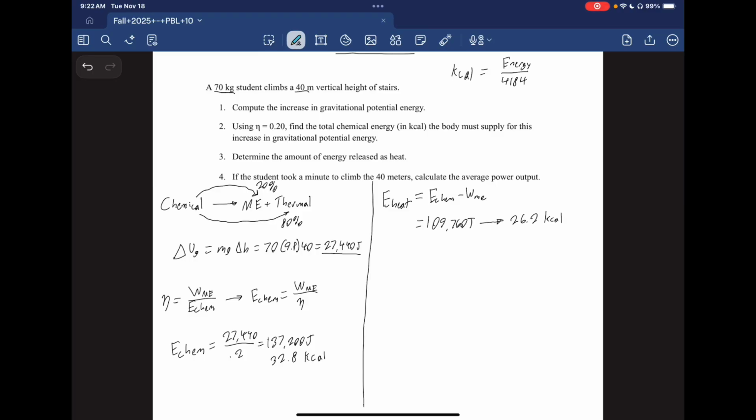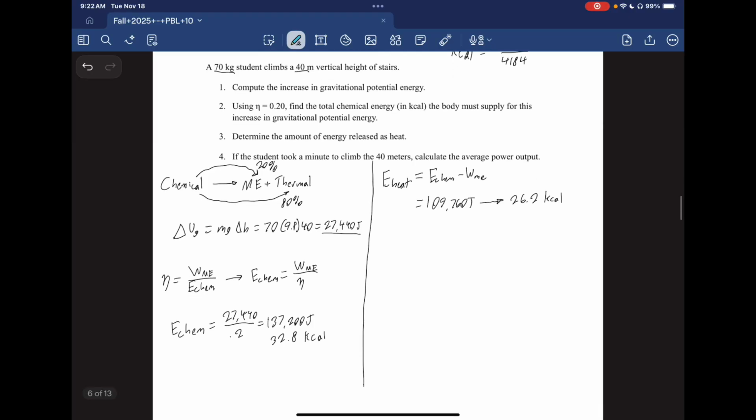And then the last question says if the student took a minute to climb the 40 meters, calculate the average power output. So we first have the average power output for the mechanical energy, which is going to equal the work from mechanical energy, work ME, divided by time, which is our 60 seconds.